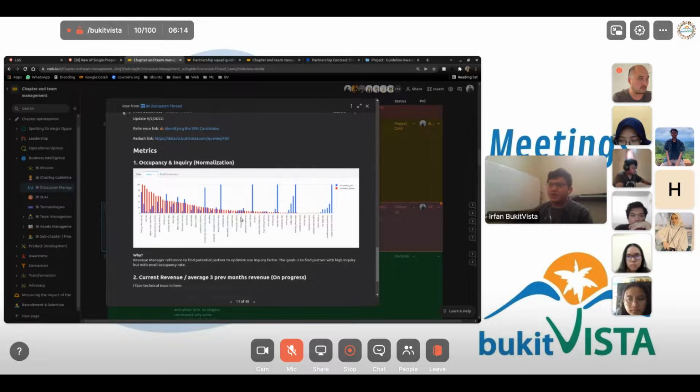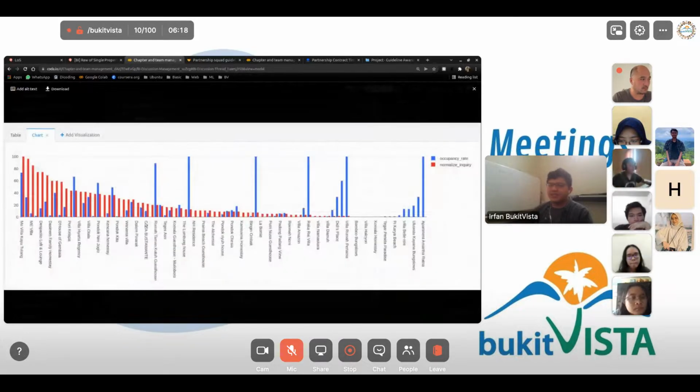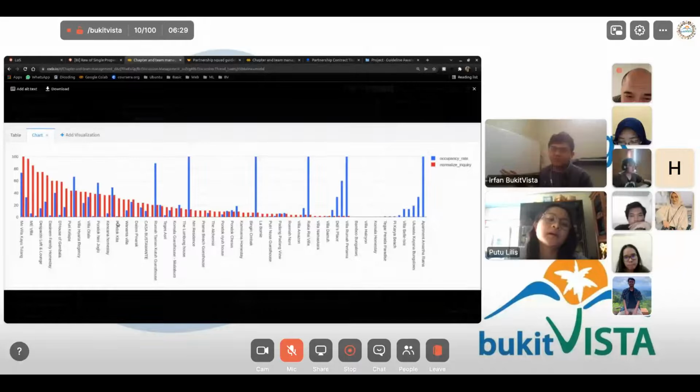Basically, it is the inquiry divided by the maximum inquiry for all the properties. I see. So it's just a range from 0 to 100, to make it easy to scale.